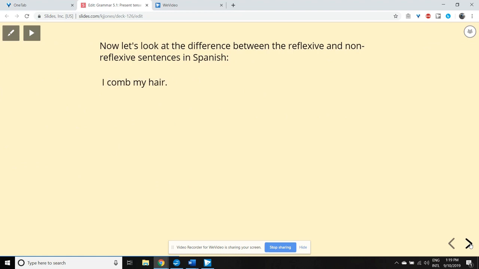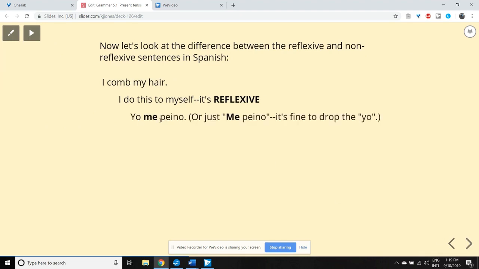I comb my hair, right? We already established that I am doing this to myself. I'm performing the action. My hair is receiving the action. My hair is part of me. Thank goodness it's still attached to my head. And so let's look at our sentence in Spanish. Yo me peino. Look at that right there. There's our reflexive pronoun me, right?